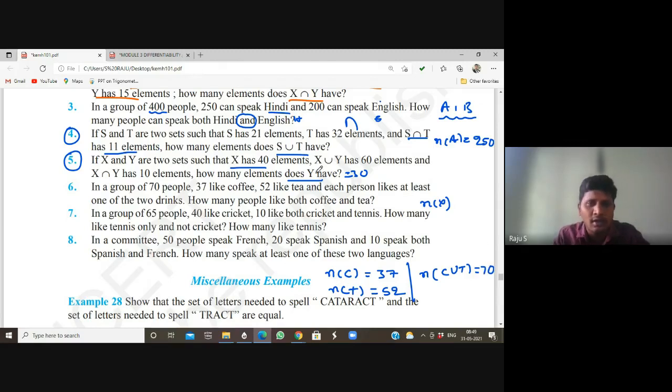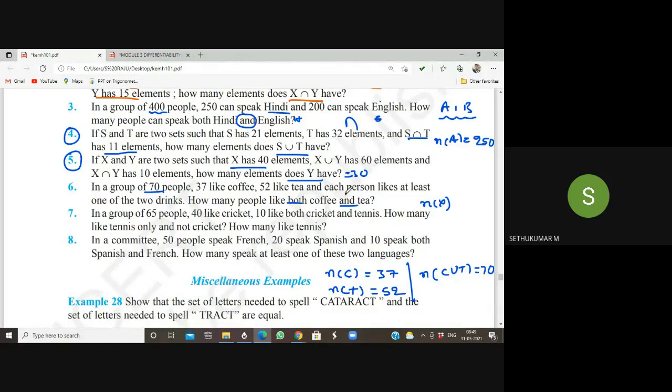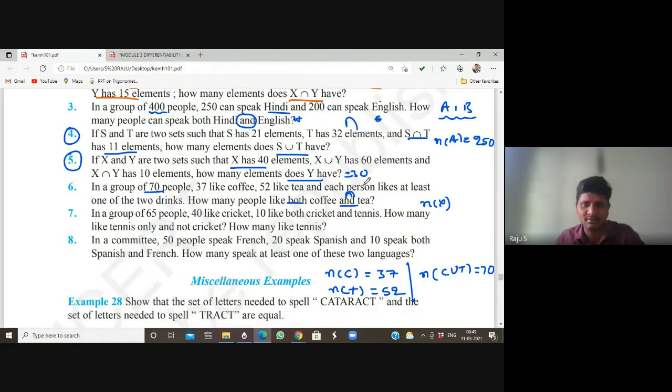A group of 70 means this is always union: either the people like coffee or tea. What is the question? Both, nothing but coffee intersection tea. So here the question is, what is the value of C intersection T?